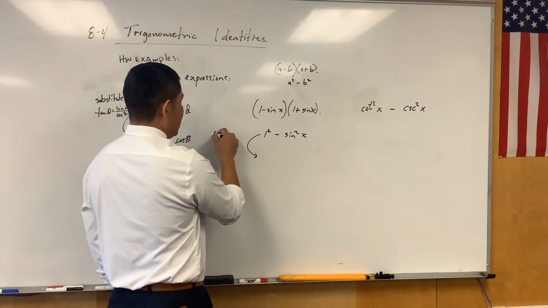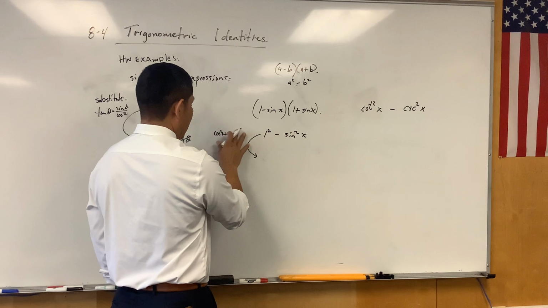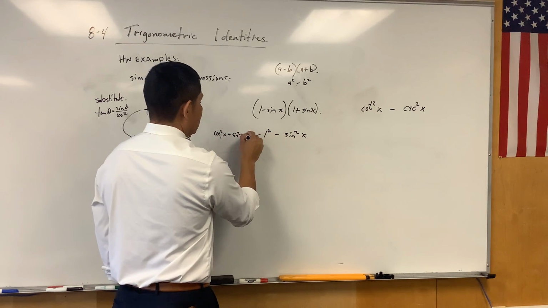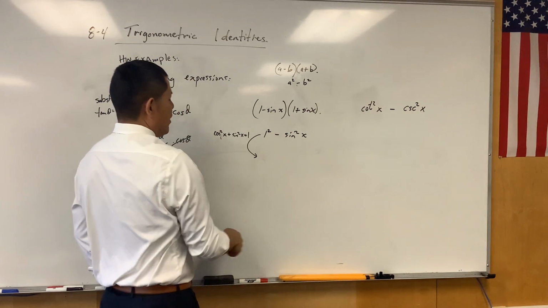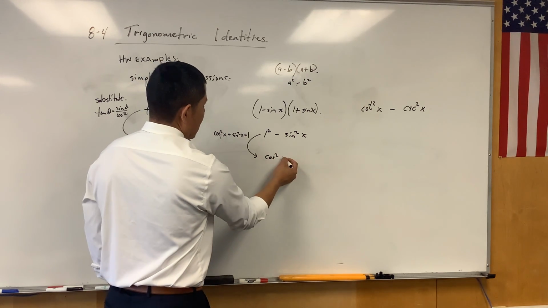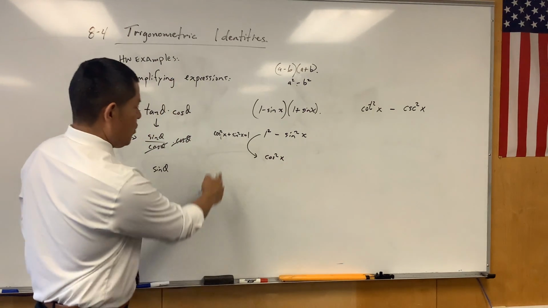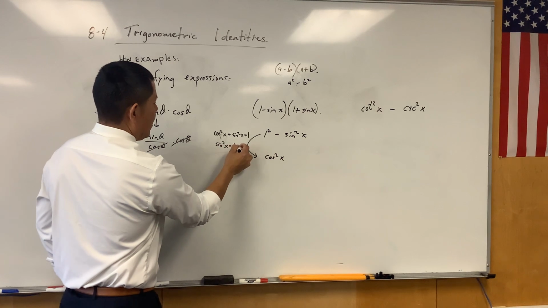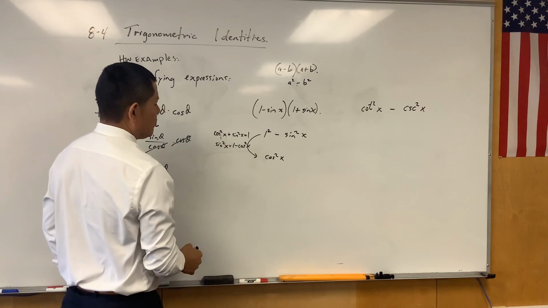1 minus sine squared of x, remember, is the same as, we use the Pythagorean identity, the cosine squared of x plus the sine squared of x is equal to 1, right? If we move the sine squared over, then this becomes the cosine squared of x.